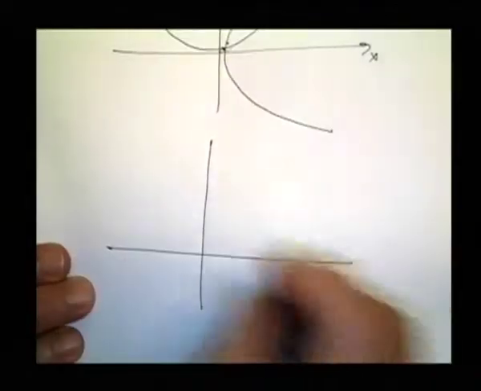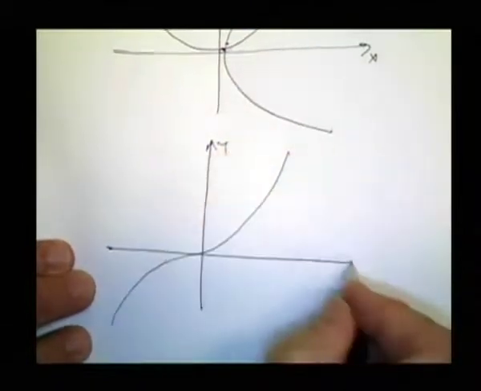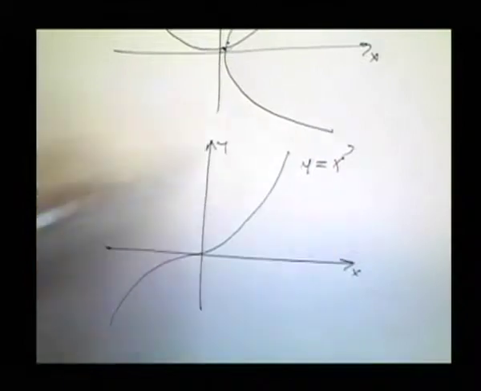Now it's very important to notice this. If you took y equals x cubed, which is a function itself, does that function have an inverse? Now they use the term horizontal line test. In simple terms it means this.